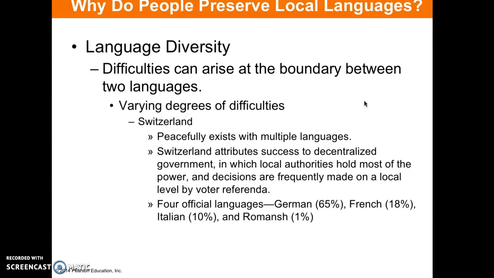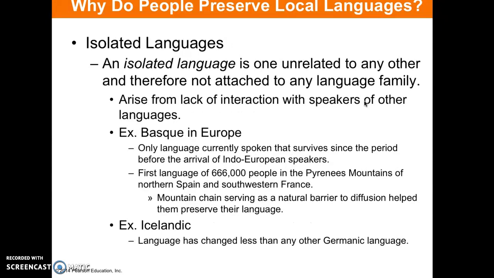So which language will be the language you use in your local government paperwork is decided locally. And most people speak multiple languages within Switzerland. Other places like South Africa have multiple official languages, but there's a bit more tension there. And the tension there can be traced to ethnic and racial conflicts like the segregation under apartheid.